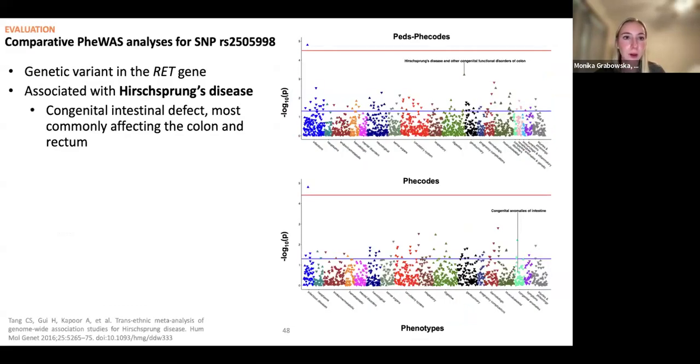And then here I've also spotlighted a few examples of what these comparative analyses looked like.